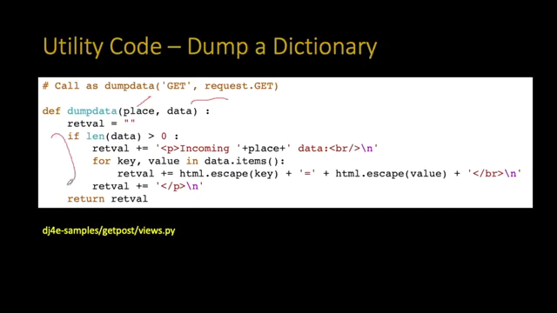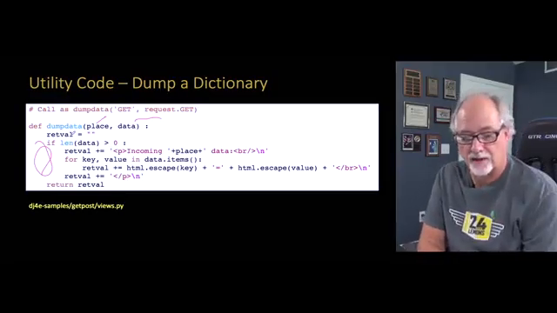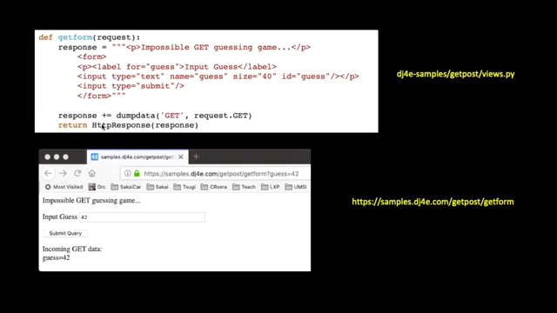I'm going to go through all the items and call HTML escape so that we don't end up with HTML cross-site scripting injection. Just print the keys and values out and put some paragraph tags around them. So it's just a way to dump this out so I can show it to you and not put this code on every one of my slides. Just remember that that's what dump data does.